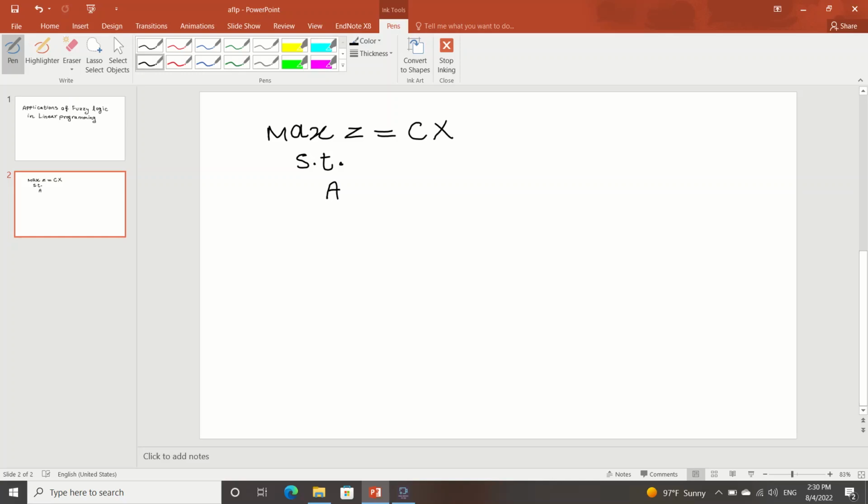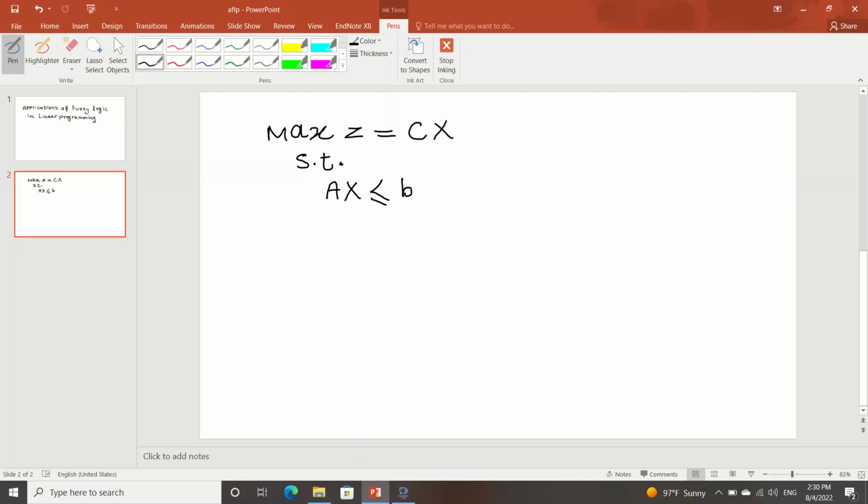Constraints are configured with these equations. For example, inequalities: a multiply x is less than b.